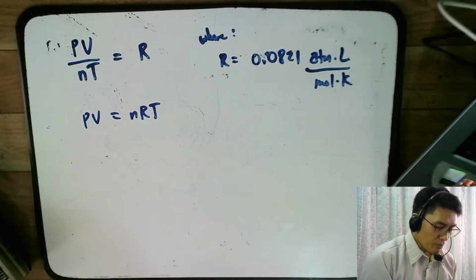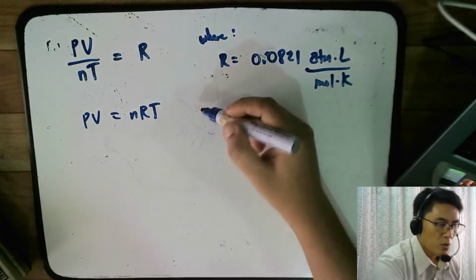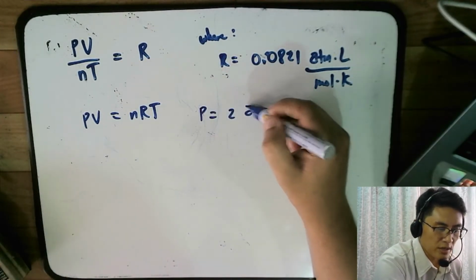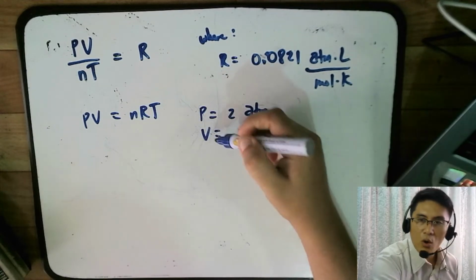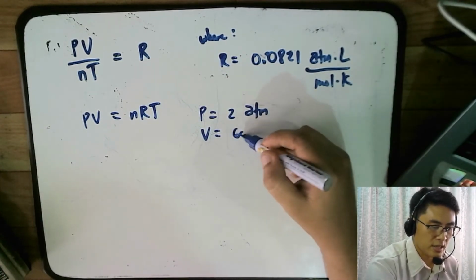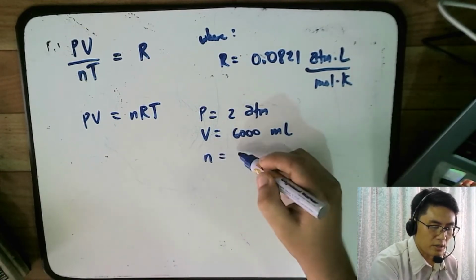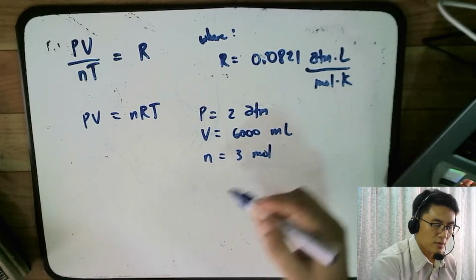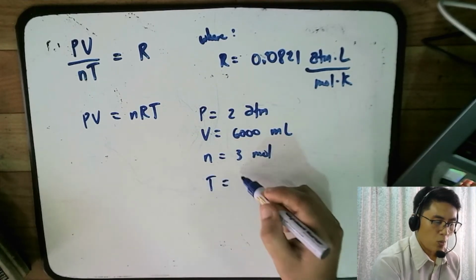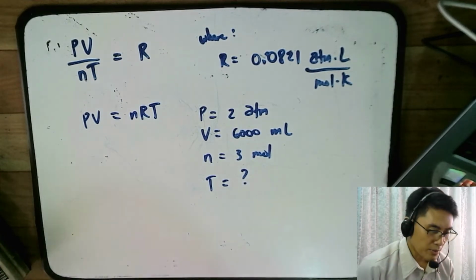So here you have a problem. What if the pressure is 2 atm, the volume is 600 ml, and the number of particles is 3 moles? What will be the temperature?